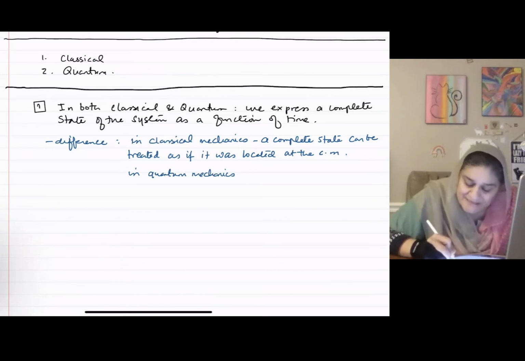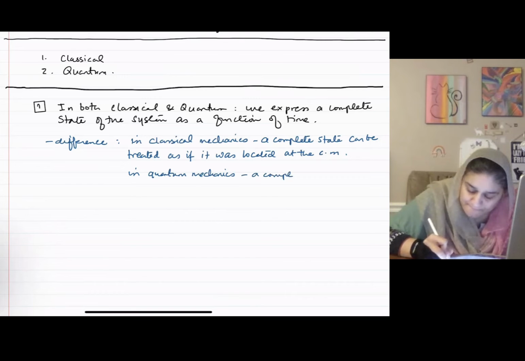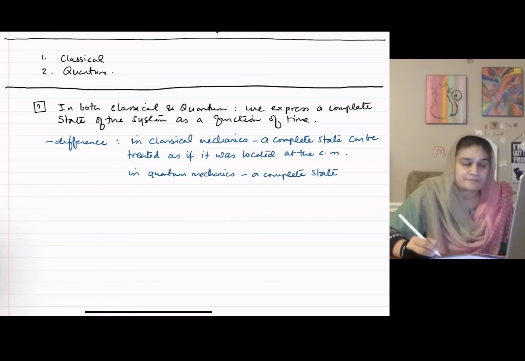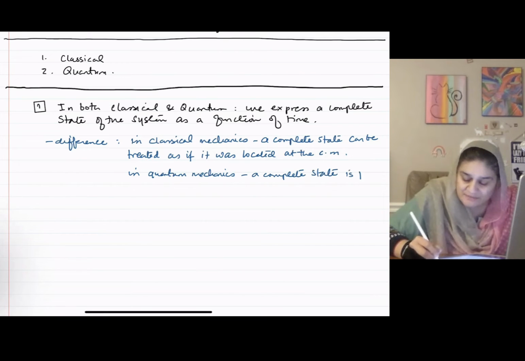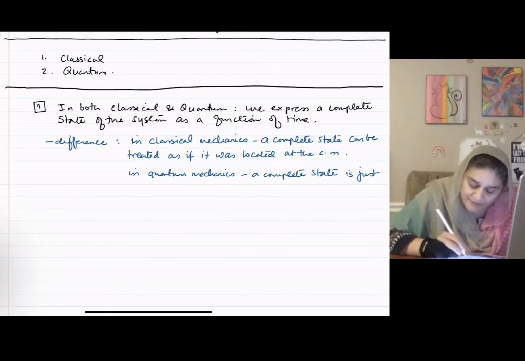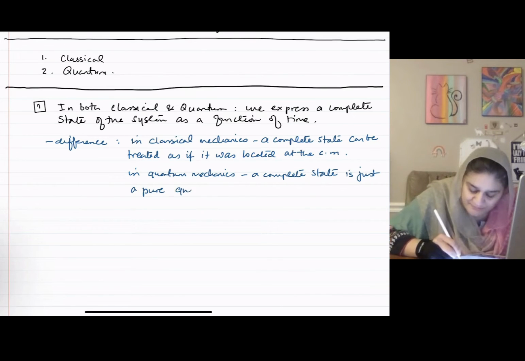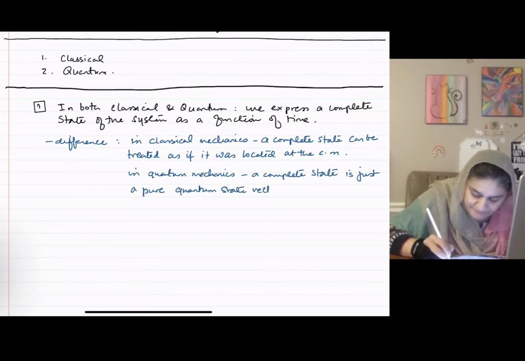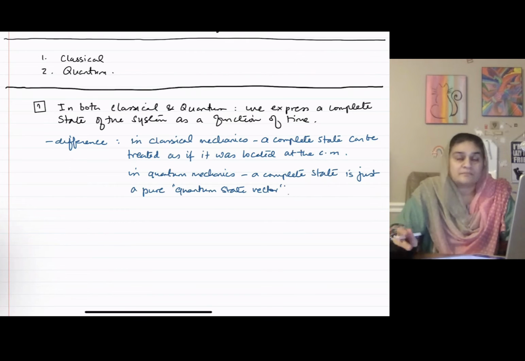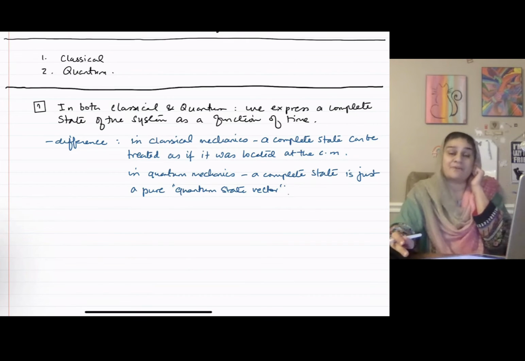a complete state is just a pure quantum state vector. Now, I've used this word quantum state vector.